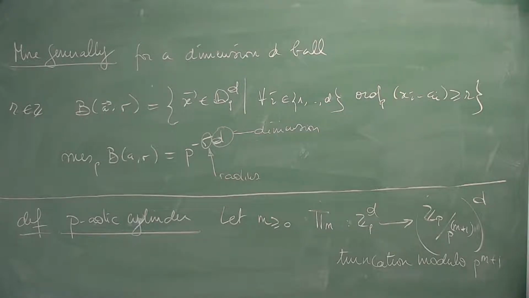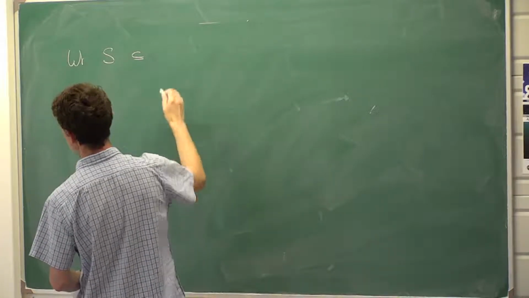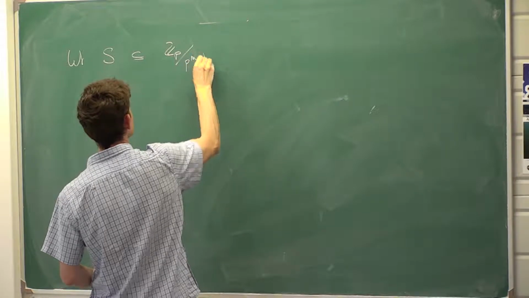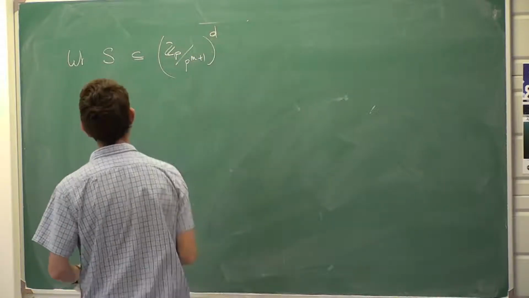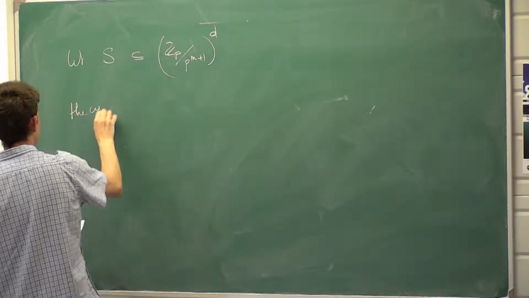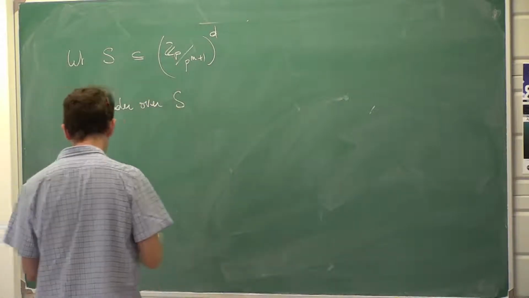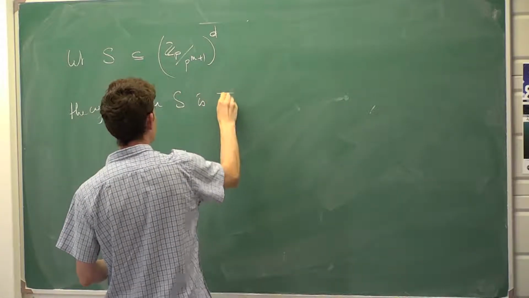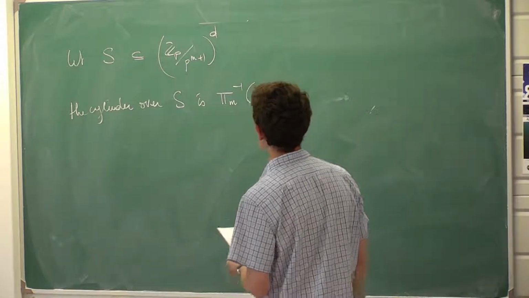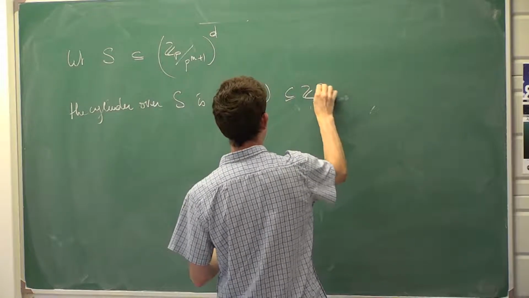Okay. So let S be a subset of this. Okay. And then the cylinder over S is the inverse image by the truncation map of S in Z_p^d.